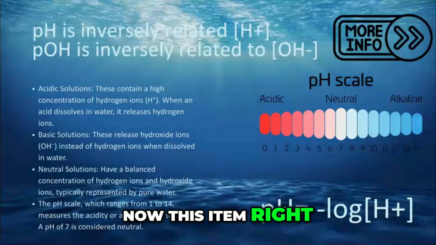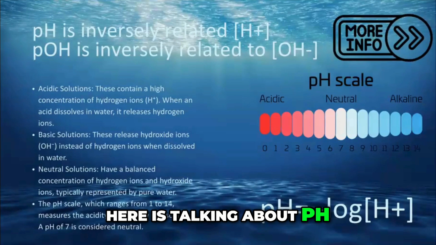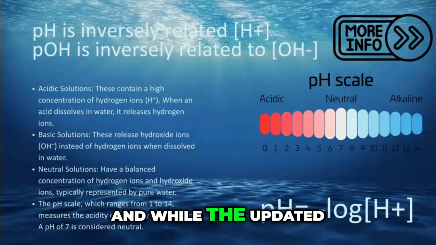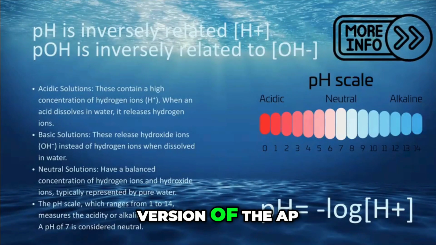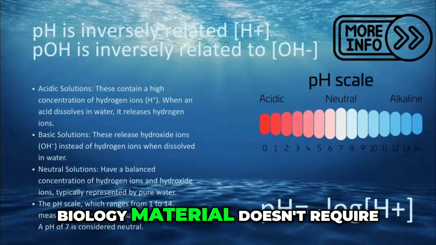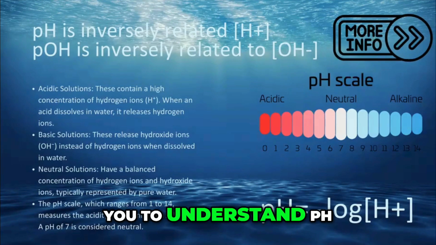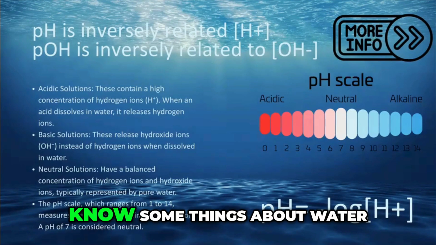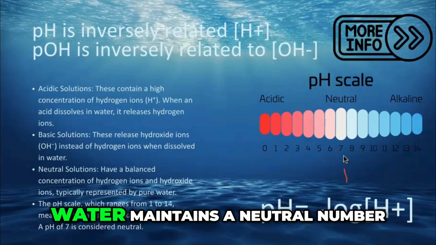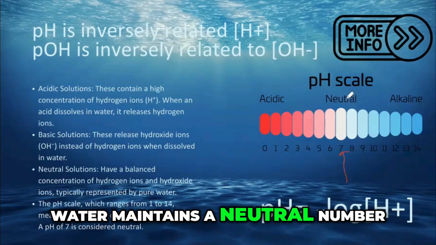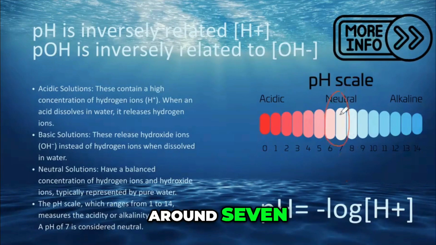Now, this item right here is talking about pH. While the updated version of the AP Biology material doesn't require you to understand pH, you will need to know some things about water. First of all, water maintains a neutral number, we say around 7.